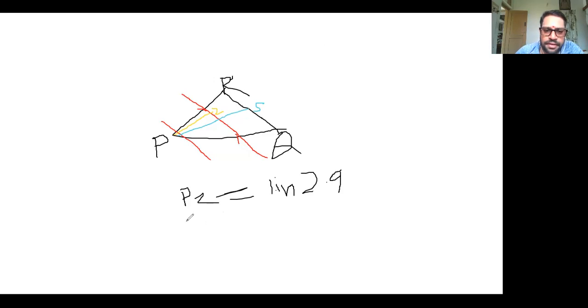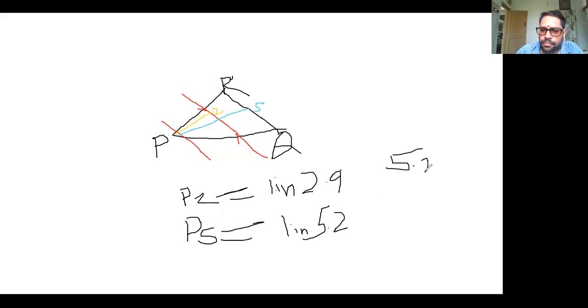Similarly, your PS you measure, it is 5.2. You know that the scale is already given, so 5.2 into 80, because you have taken 6 divisions of 80 meters. So that is somewhere around 416 meters.